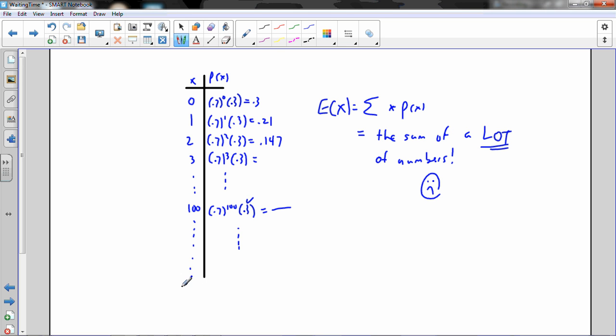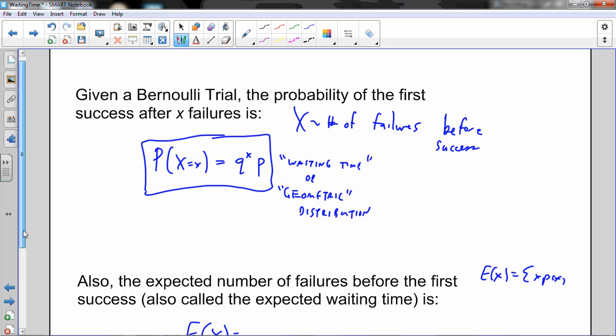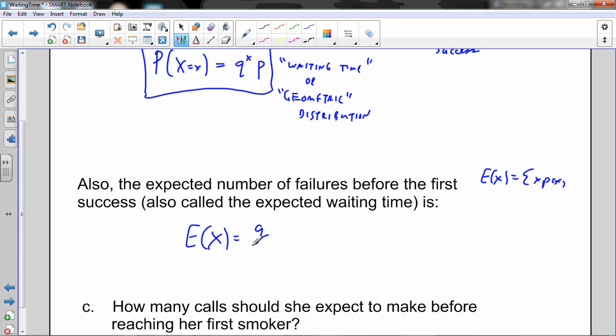It could go on forever, even though it's not very likely. We could make 1,000,000 calls before we get our first smoker. This isn't very likely, but imagine trying to add up this table. This table is infinitely long. Well, luckily, we have a little formula, and the little formula is the probability of failure over the probability of success.